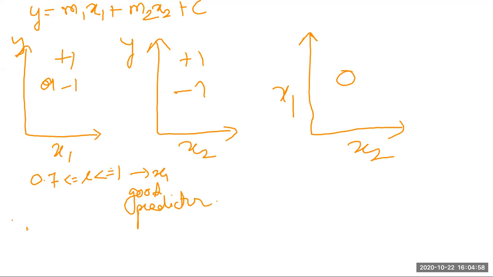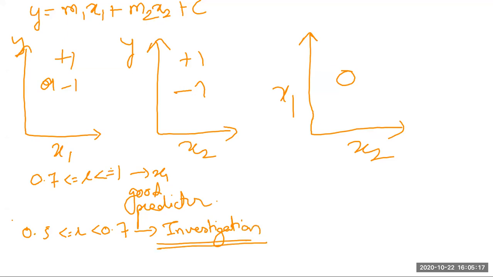And in between, 0.5 less than or equal to r less than 0.7 means there is a chance, but you require a bit of an investigation to really believe whether this correlation should be considered in the linear regression model. And if r is less than 0.5, towards 0, then generally you tend to omit the feature.